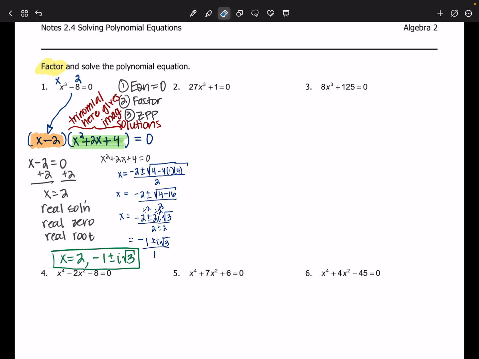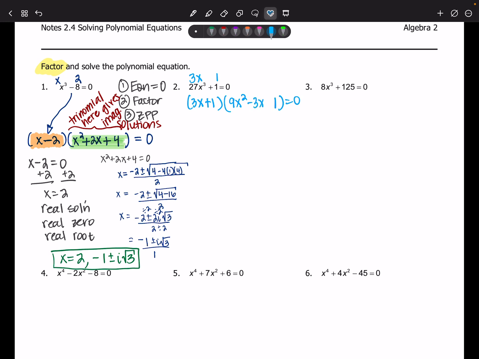We've got 27x cubed plus 1. This again is a sum of two cubes. 27x cubed is a cube of 3x, and 1 is a cube of 1. So we'll have 3x and 1, and then the trinomial is going to be 9x squared, 3x, and 1.